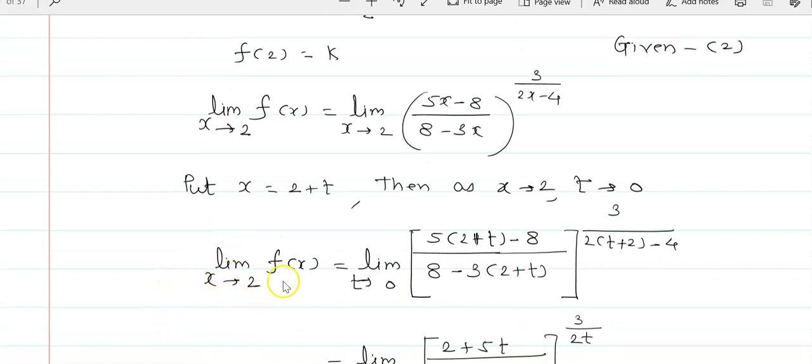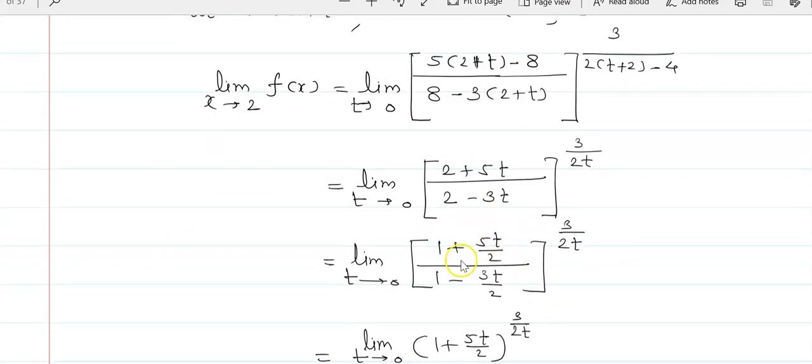Limit x tends to 2 of f(x) equals limit t tends to 0, where x is replaced by 2 plus t: (5(2 plus t) minus 8 upon 8 minus 3(2 plus t)) bracket raised to 3 upon 2(t plus 2) minus 4. That is 3 upon 2t plus 4 minus 4, which gets cancelled. Divide numerator and denominator by 2. That is limit t tends to 0 of (1 plus 5t upon 2 upon 1 minus 3t upon 2) bracket raised to 3 upon 2t.